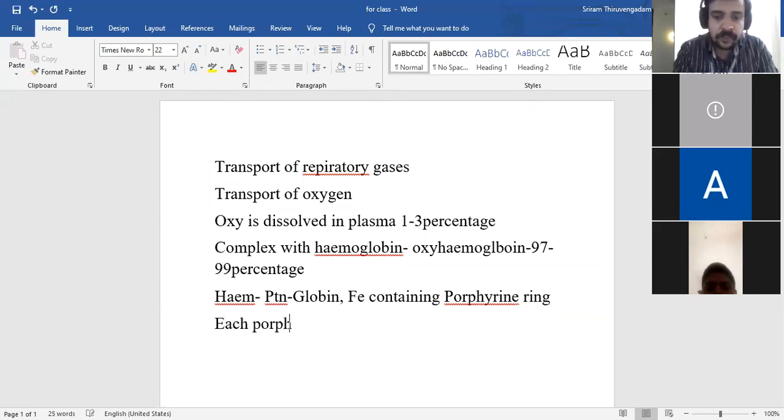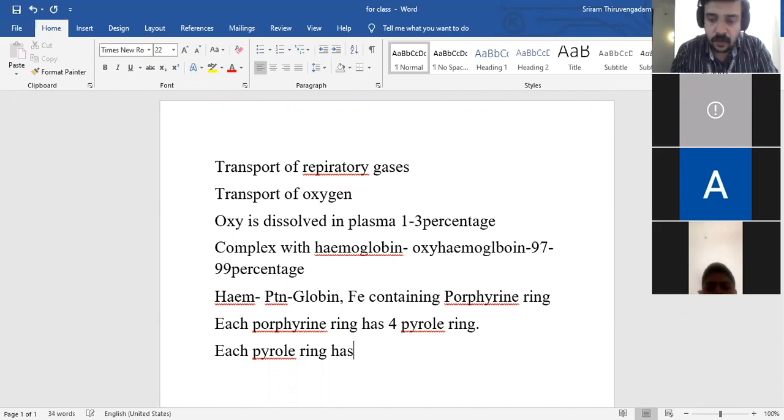Much more details, let me tell you. Each porphyrin ring has 4 pyrrole rings. Each pyrrole ring has 1 ferrous, that is Fe2+.